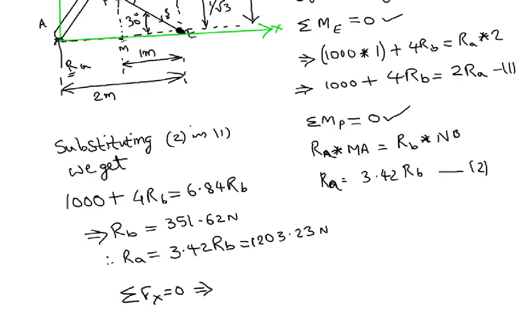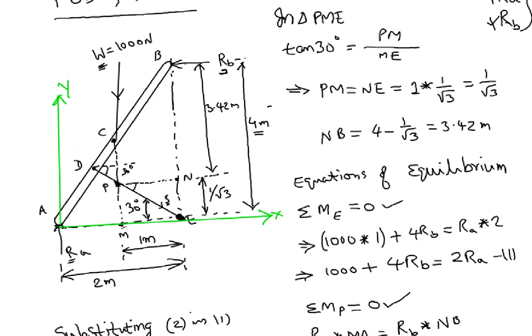You have only two forces which contribute components along the x-axis. W does not contribute any component along the x-axis, and similarly RA does not, because both RA and W are perpendicular to the x-axis.